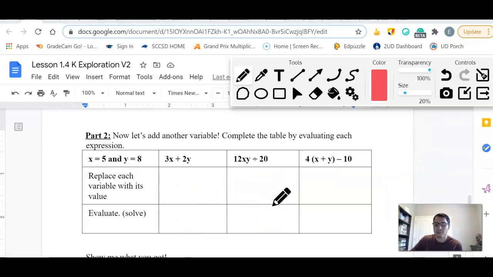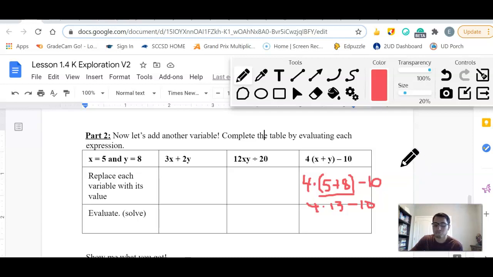All right, let's use that substitution here. So we have 4 parentheses, so that is going to be multiplication. If you want to put a multiplication sign there right away, go for it. Parentheses, x is 5, y is 8. Close the parentheses, minus 10. Order of operations, we have grouping or parentheses. That's right here. So we're going to get 13 minus 10 and 4 times that.